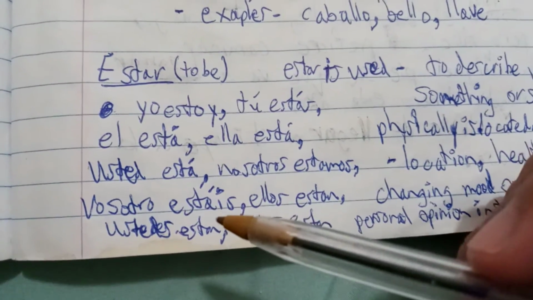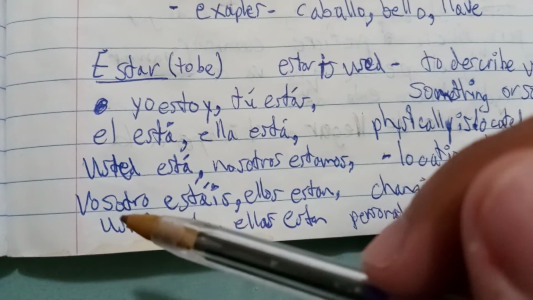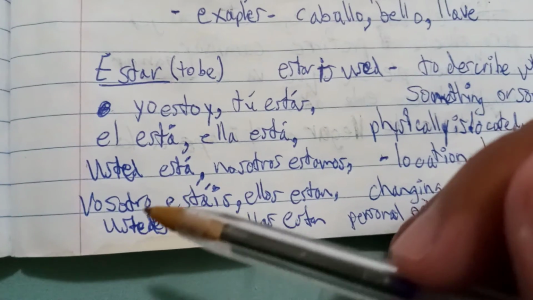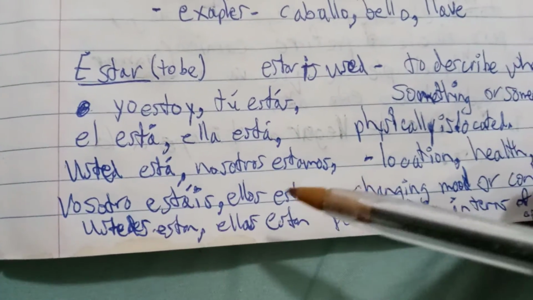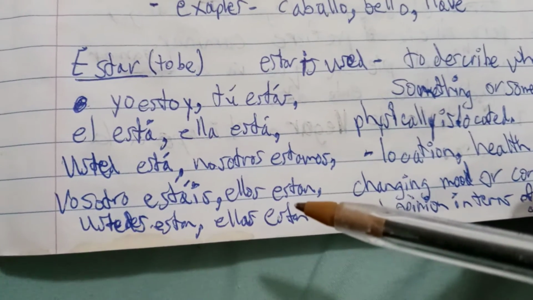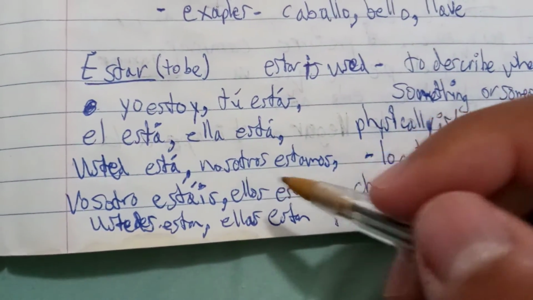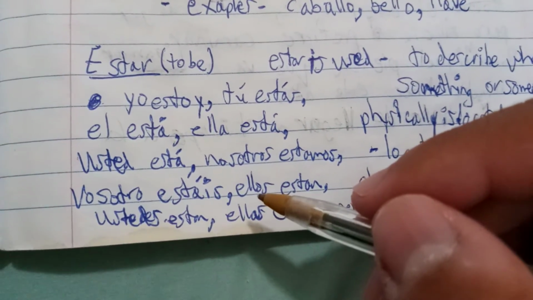Vosotros estáis means you are, and it's plural, like you guys are. Ellos están means they are. So that's got to be the right form for who it's talking to.